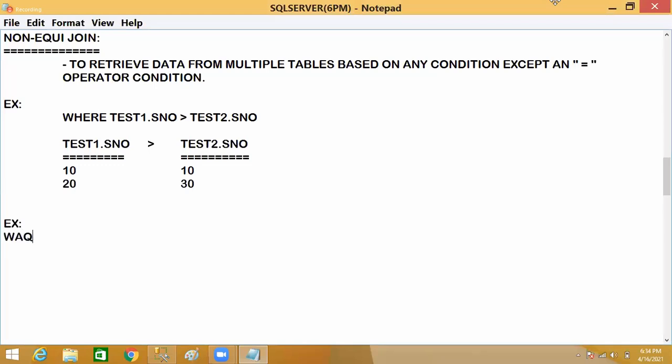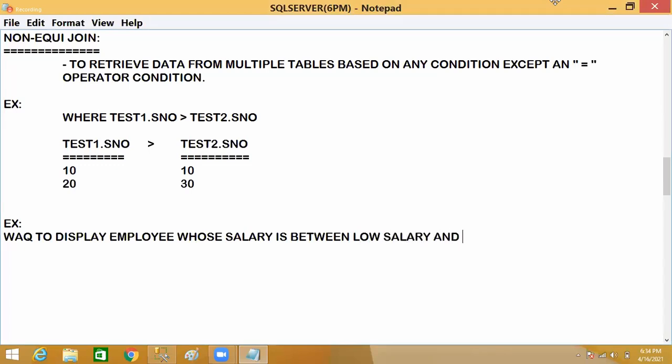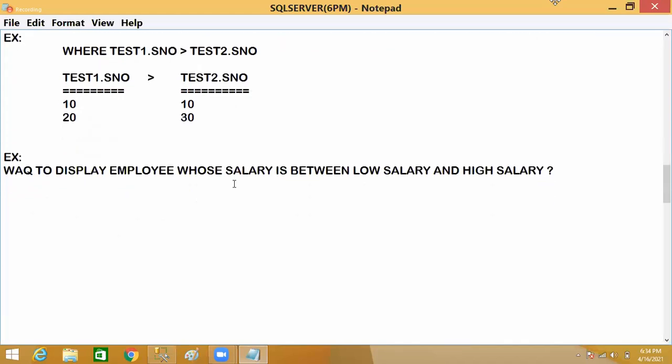Now, in the same way, one more example. Next example: write a query to display employees whose salary is between low salary and high salary.